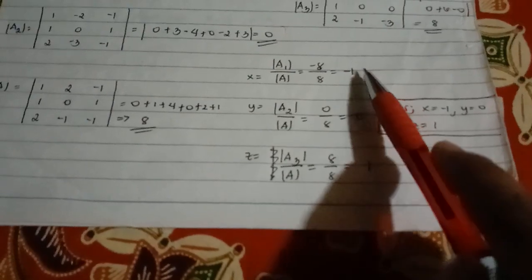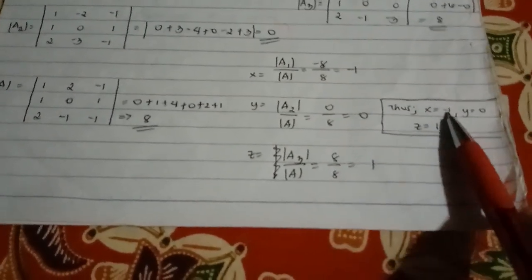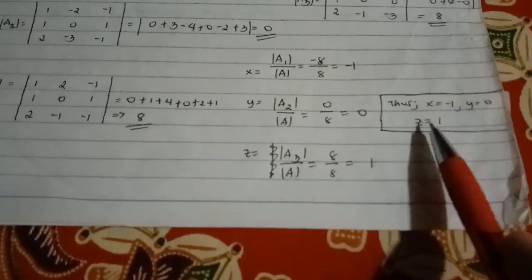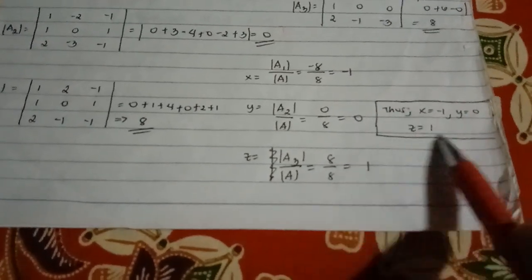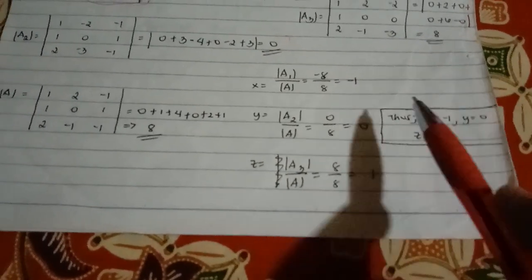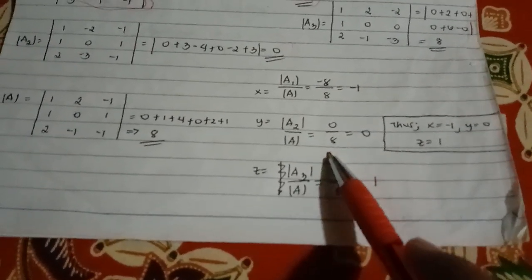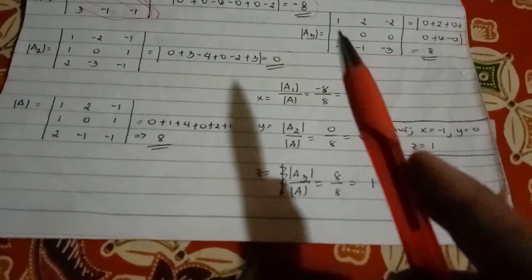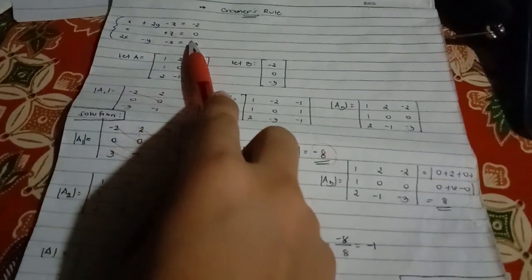So therefore, the value of x is equal to negative 1, y is equal to 0, and z is equal to 1. It is the same as what we got for the values in the Gauss-Jordan and the inverse method, the two methods that we solved earlier. So therefore, this problem is consistent.